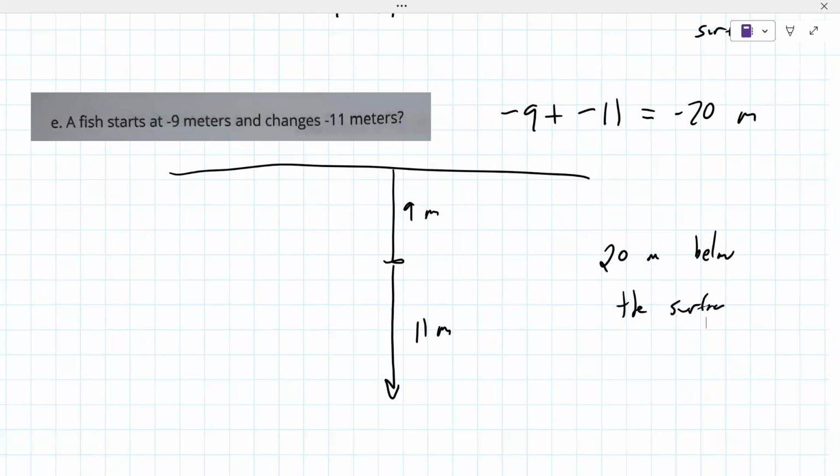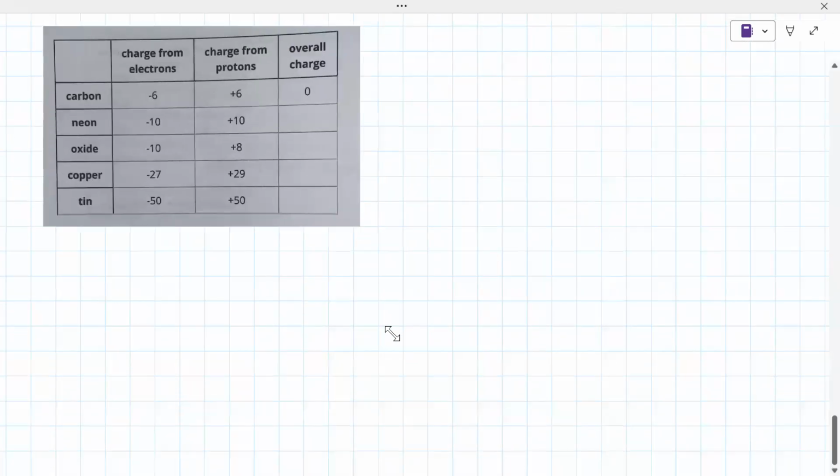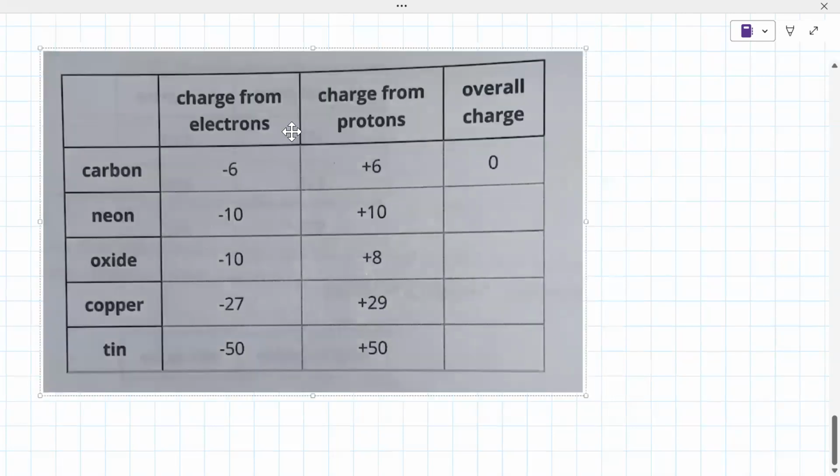All right, let's look at number 3. There's a lot of words, but they're not actually relevant to what you're doing. They're just asking you in number 3 to add these together. So like the work here is, what is minus 6 plus 6? That's how they got 0. They're basically just saying add up these two numbers.